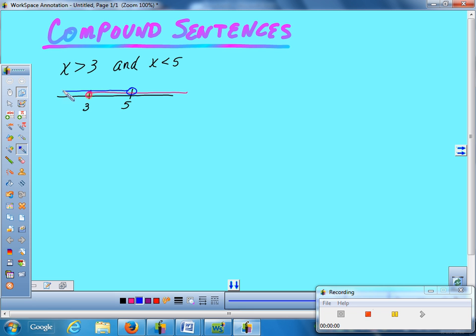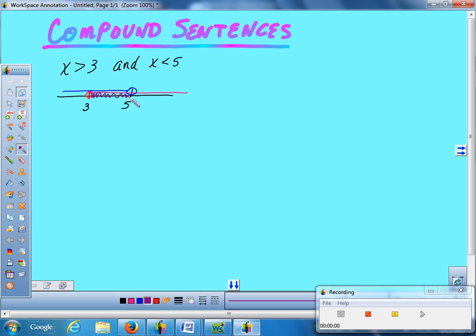Where are the numbers that are both of those? Look for where they're overlapping. They overlap between 3 and 5, so in this instance, your answer would be all the numbers between 3 and 5.